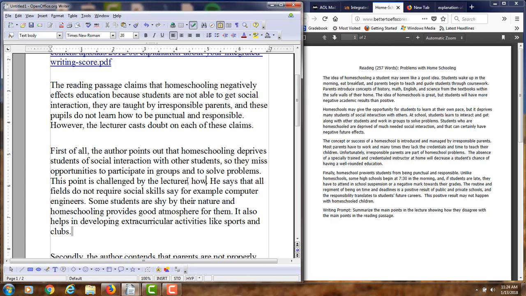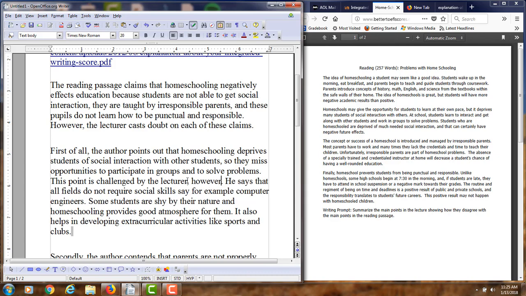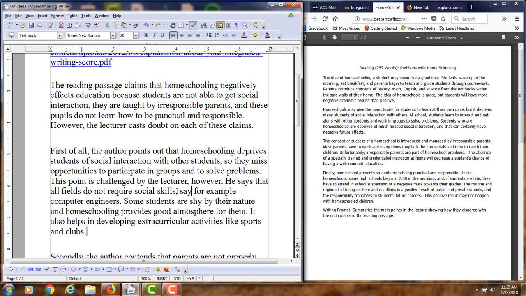And maybe here, where you say this point is challenged, you might want to say this. This point is challenged by the lecturer, however. He says that all fields do not require social skills. You can just say here, instead of say, just say, for example, computer engineers.